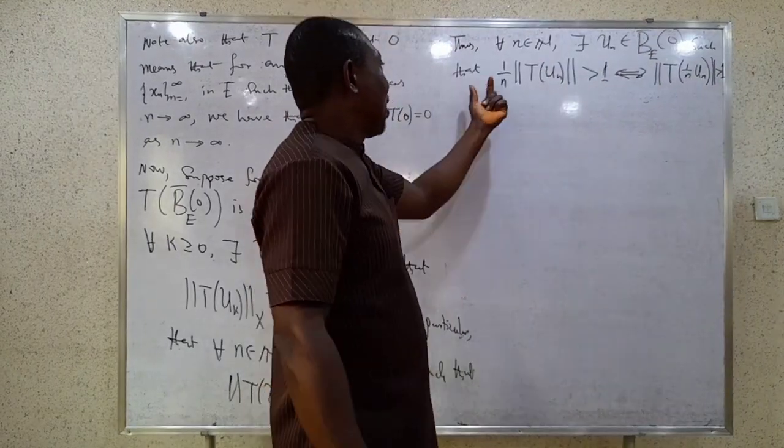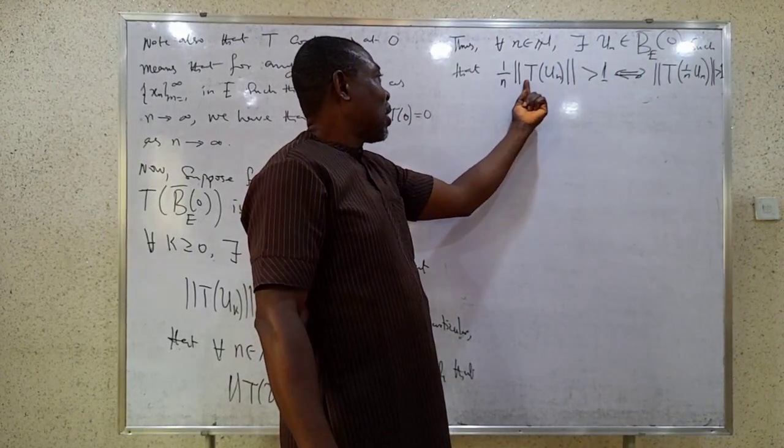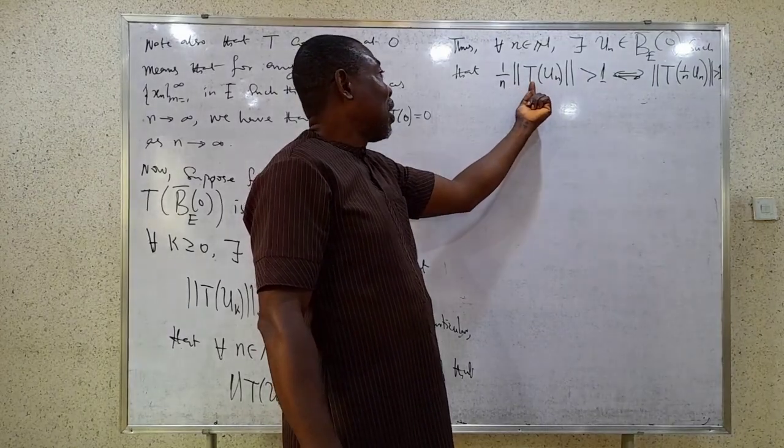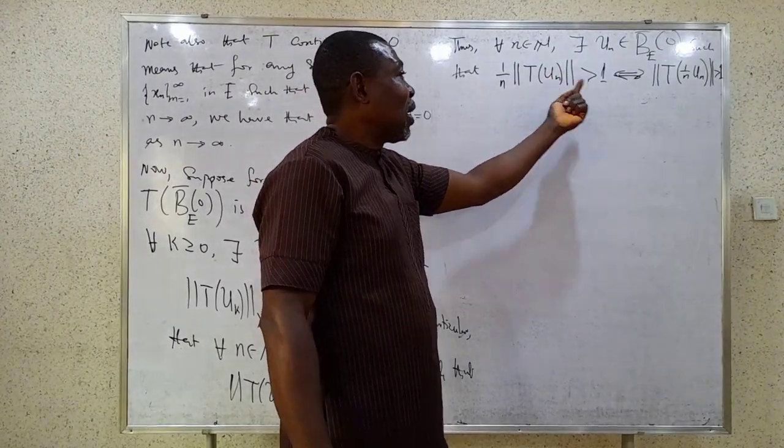You know why? By the property of the norm, I can take 1 over n in, and also by linearity of T, we can get this scalar.